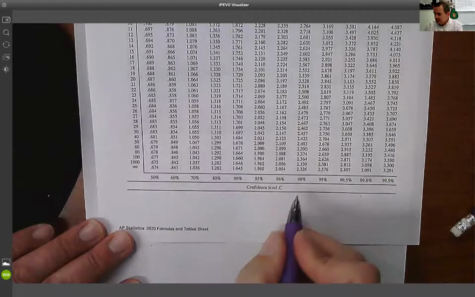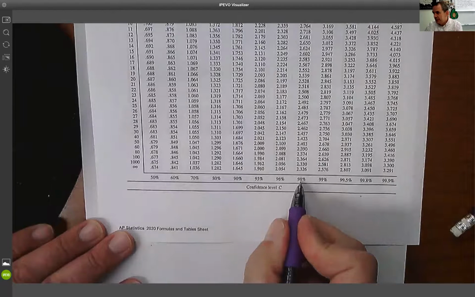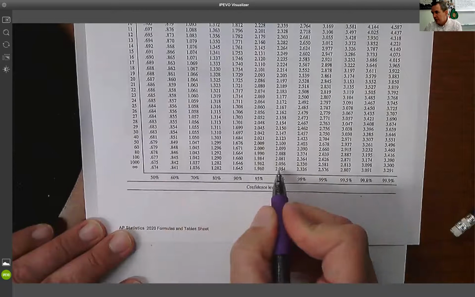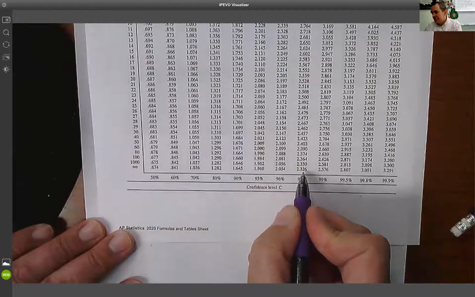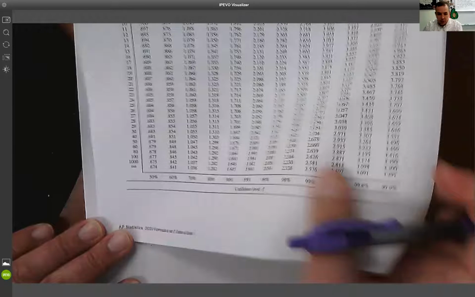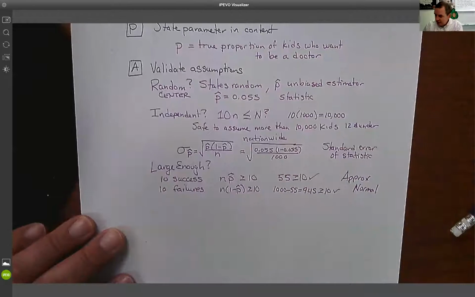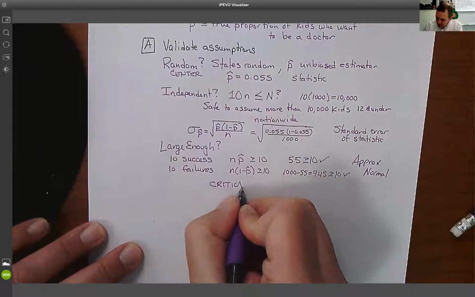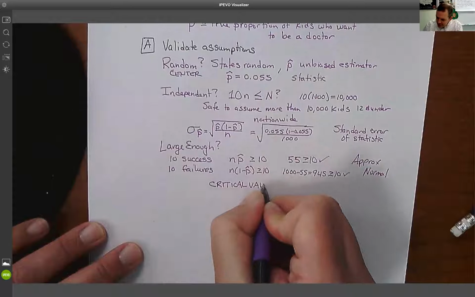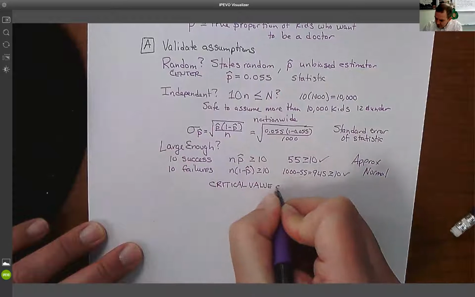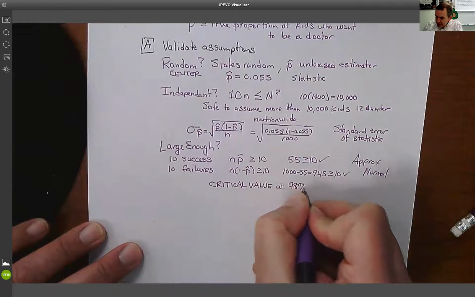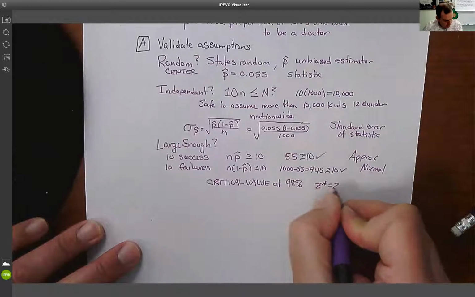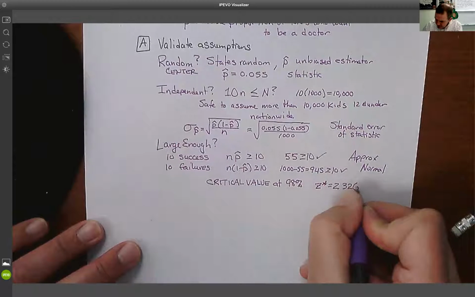Since I'm talking 98% confidence, I'm going to look at the infinity row. If I drag my finger across the infinity row, 2.326. That's my critical value. So what this allows me to calculate is my critical value, and it's based on my confidence level. The critical value at 98% was that Z star equaled 2.326.